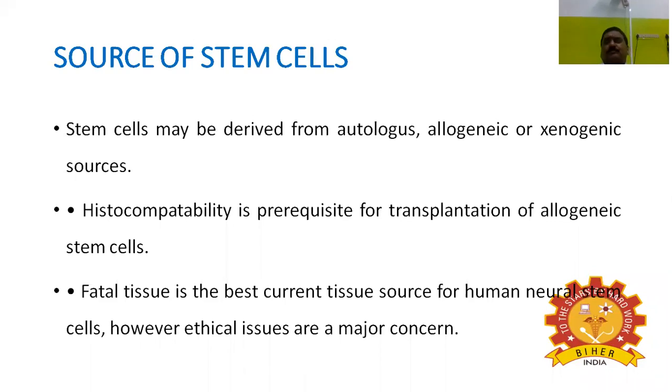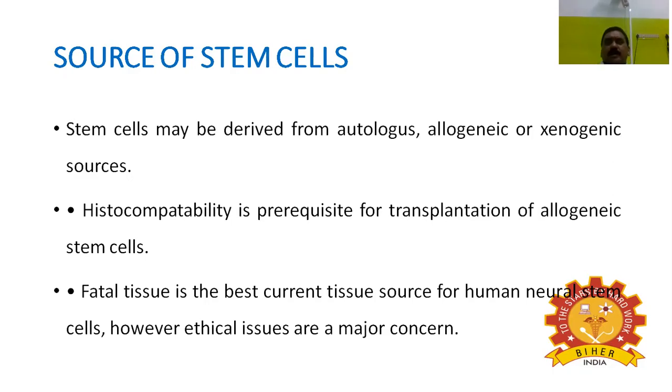Next, I'm coming to what are the sources of stem cells? There are many sources of stem cells. I'll give you one or two points regarding the sources. Basically, stem cells may be derived from autologous, allogenic, or xenogenic sources.